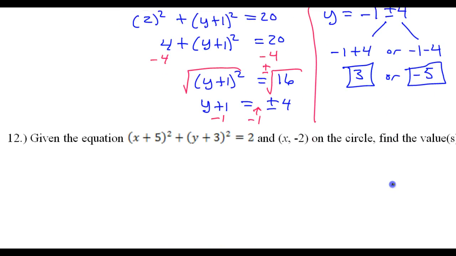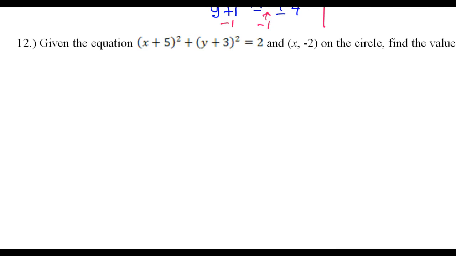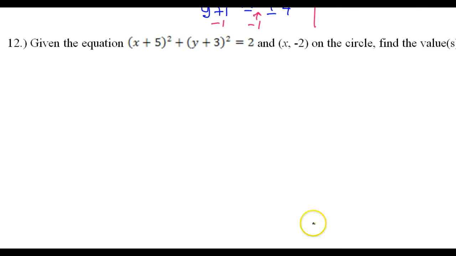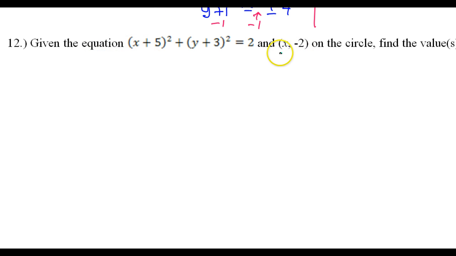Okay, number 12 is pretty much the same thing. So if you just watched me do number 11, or heaven forbid you copied off of me, by all means stop the video and do problem number 12 by yourself and see how you do. Okay, well, they are giving me a y value because it's x comma y.